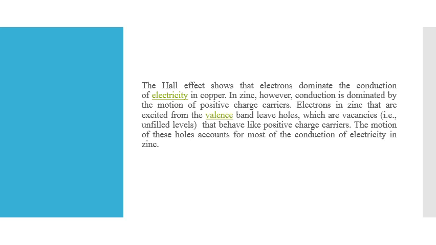The motion of these holes accounts for most of the conduction of electricity in zinc. So that is important. Which is dominant and which is not can be calculated using this behavior.